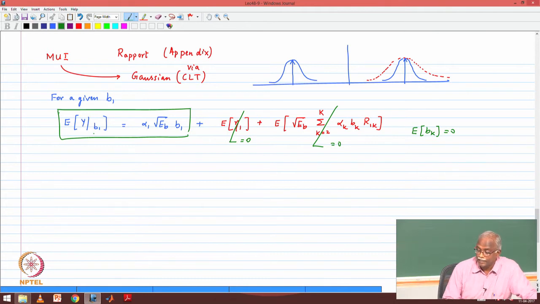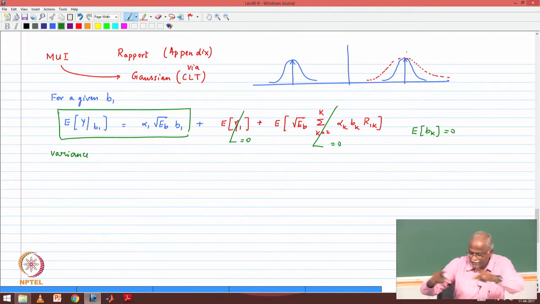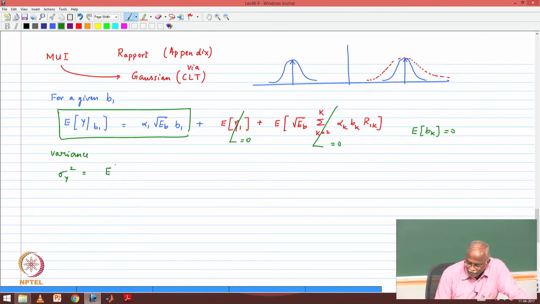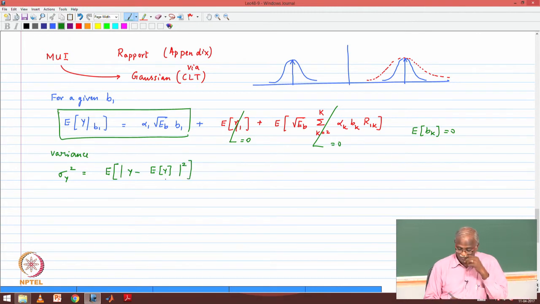Another important extension to this picture is the variance. So the mean value is given by the bit value, but what is the variance? That is what is going to be the spread of this red signal. So sigma y squared is the variance of the output of the correlator for user 1. This is given by the expected value of the magnitude squared of y minus expected value of y. The expected value of y given B1 is alpha 1 root EB B1.